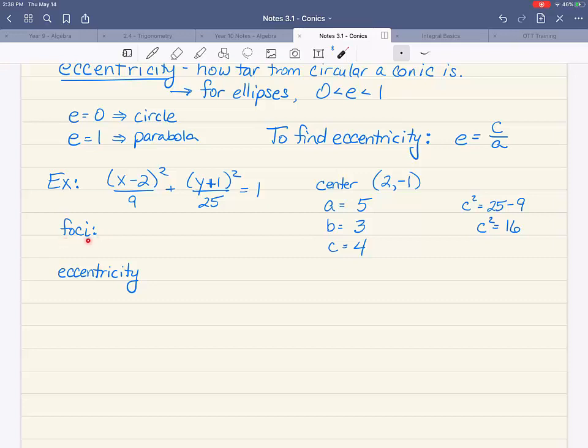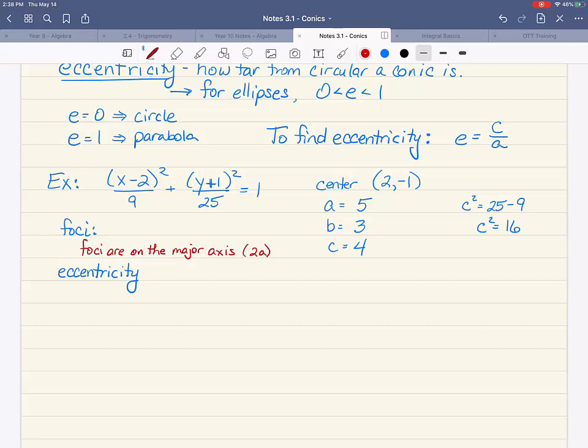Now it's time to come over here and find the foci. You need to remember that the foci are on the major axis. And the major axis is the same line as a. I'm going to write 2a because that's how long the major axis is.